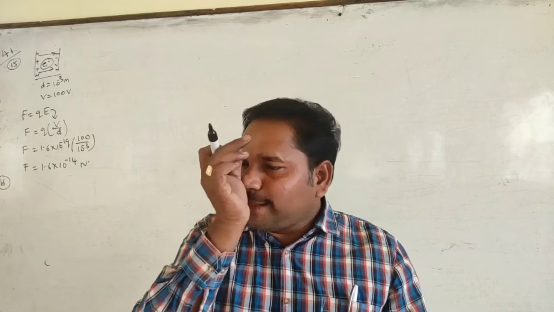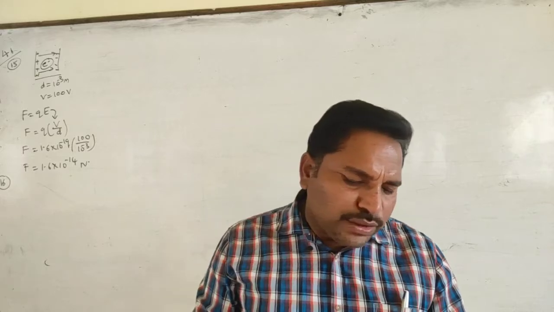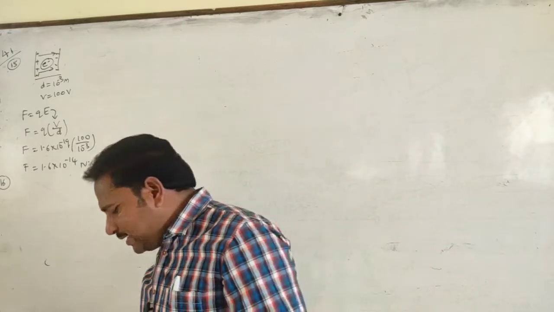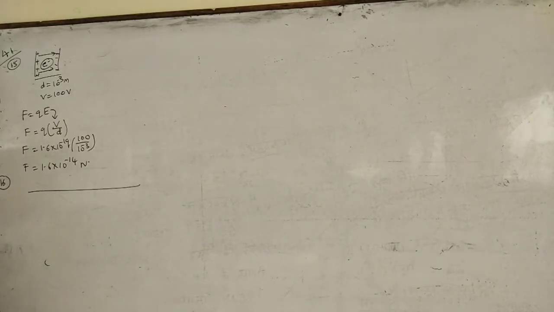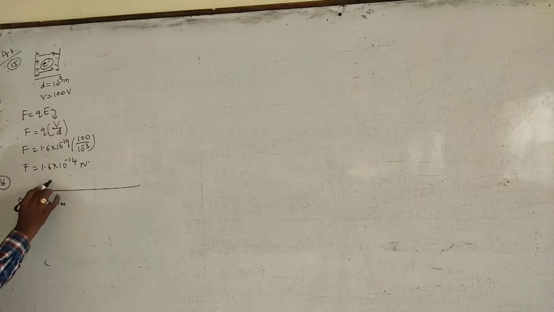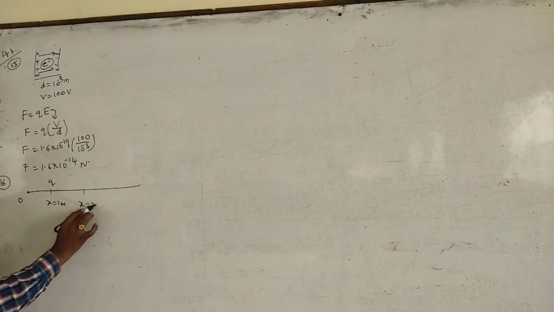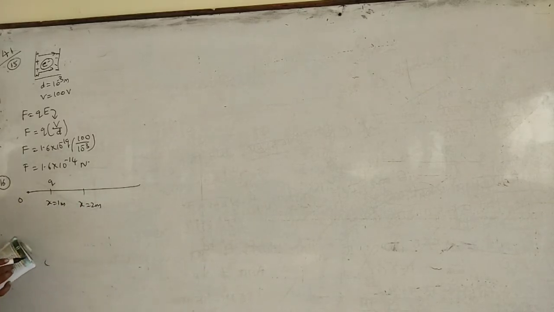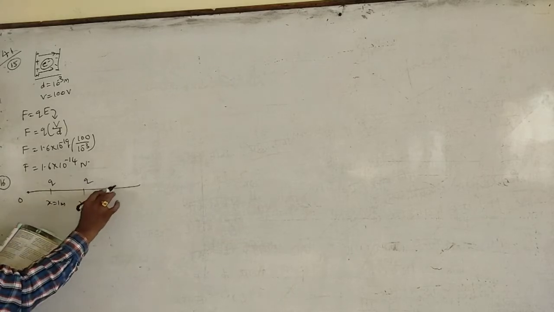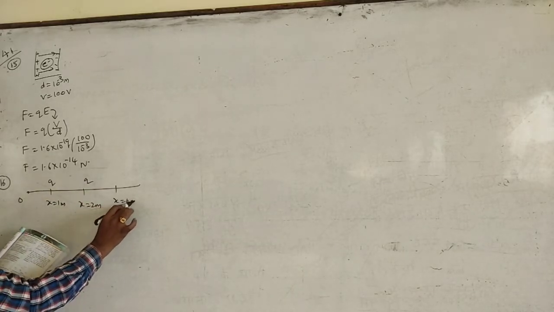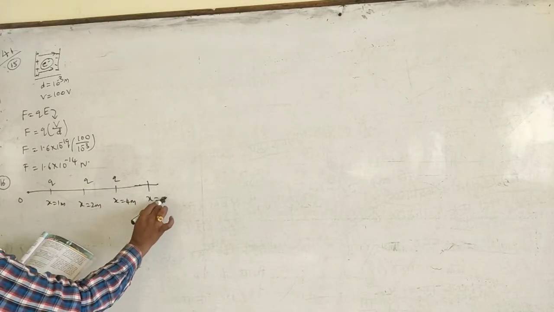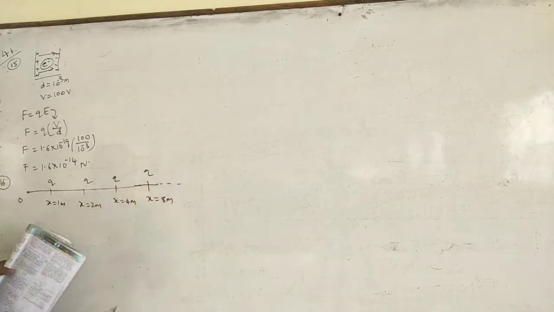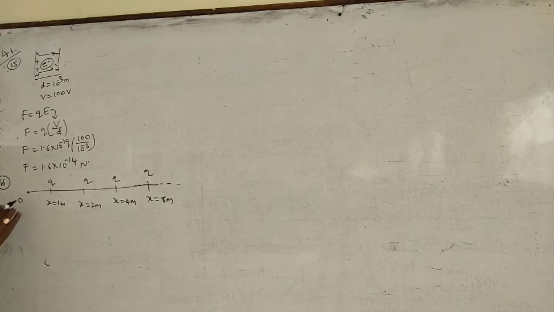The potential at x equal to 0 due to this set of charges is? Here is the origin, x equals 1 meter, x equals 2 meters with q, x equals 4 meters with q, x equals 8 meters with q, and so on. What is the potential at the origin?